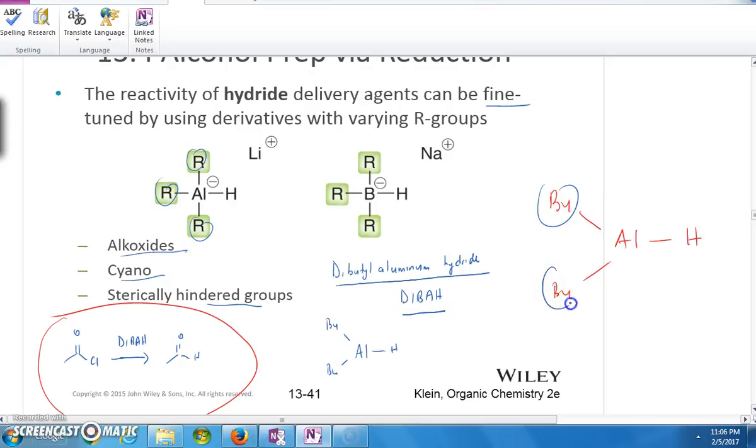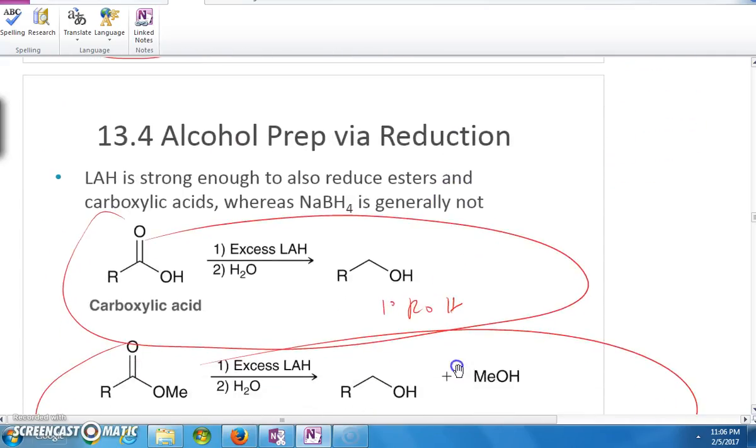There are two butyl groups, aluminum hydride. DIBAL will take an acid chloride and give the aldehyde by simply delivering the hydride. That's something that you are going to see eventually.